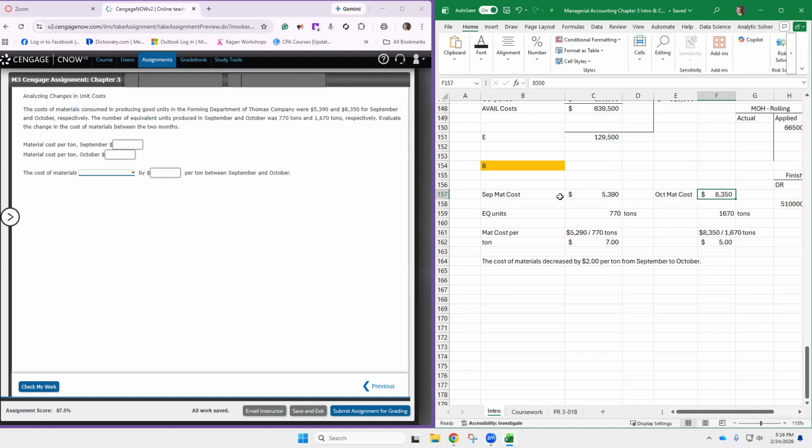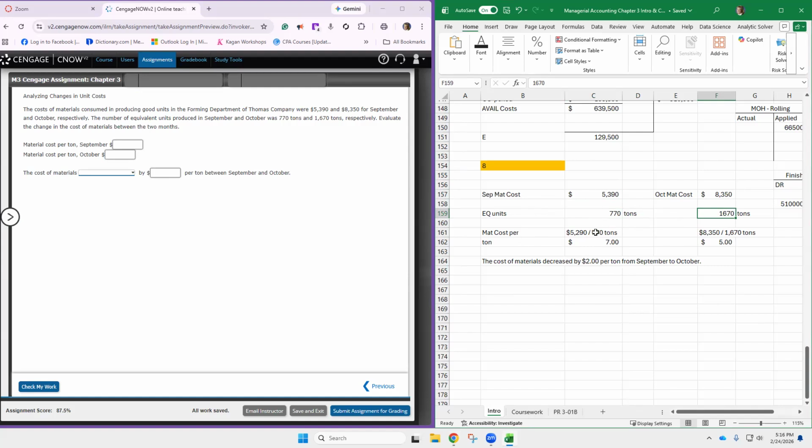So there's September materials costs and October material costs. The equivalent units, they give these to us, so we don't have to find them. 770 tons and 1,670. So this is September, this is October.